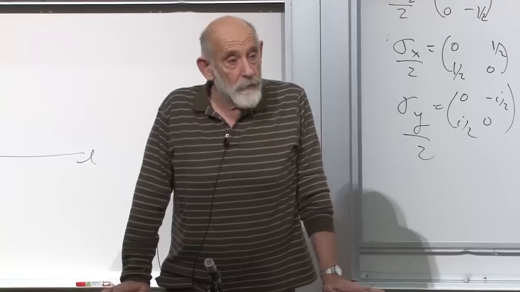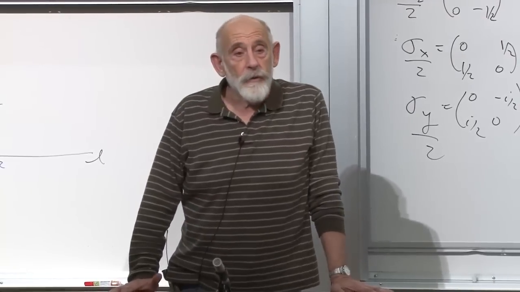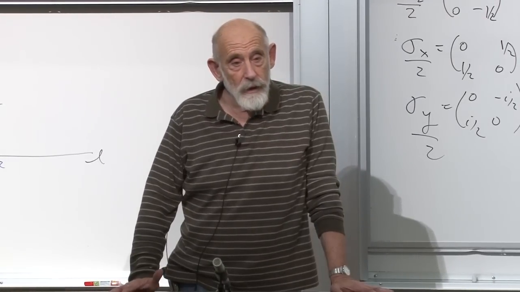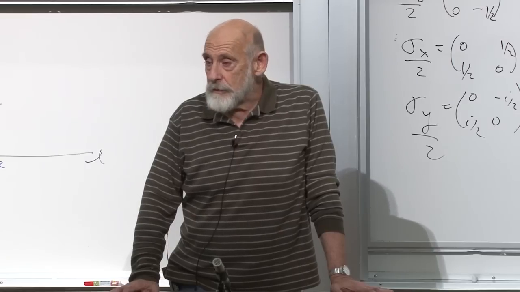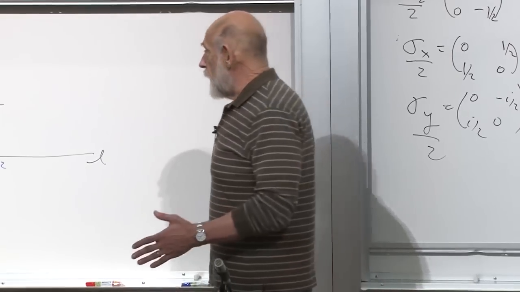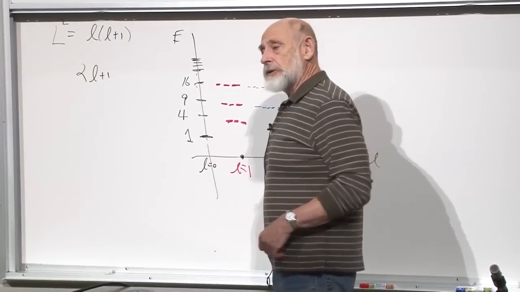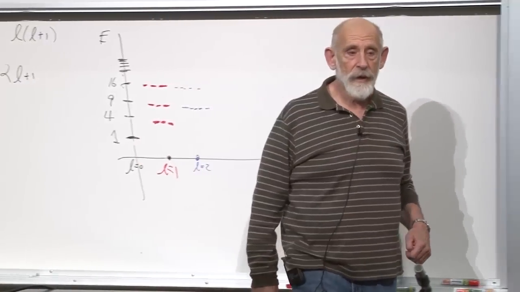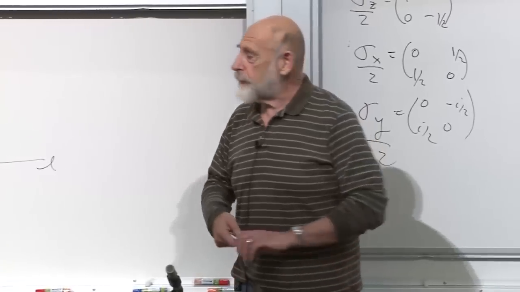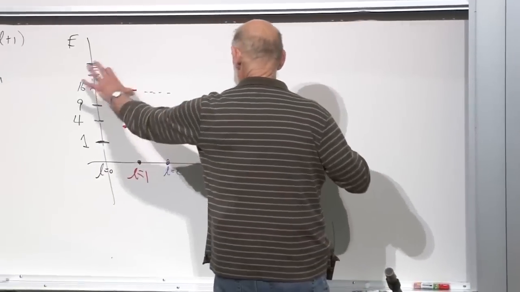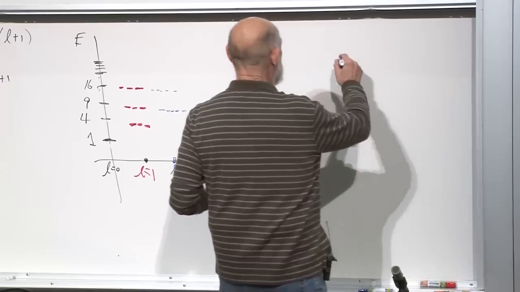And when you look at helium, which has 2 electrons, you find out that it's consistent with an energy which would be what you would get if you put both electrons into the ground state. Things are a bit different. This is hydrogen. Let's go now to helium.